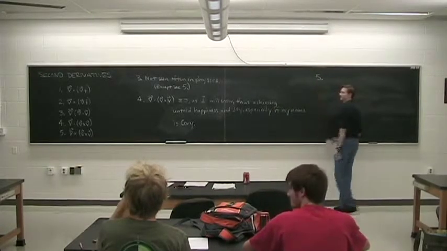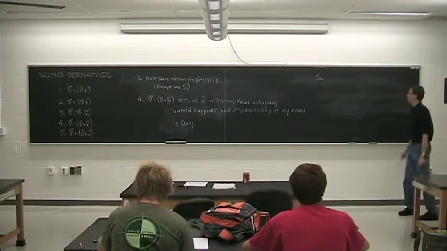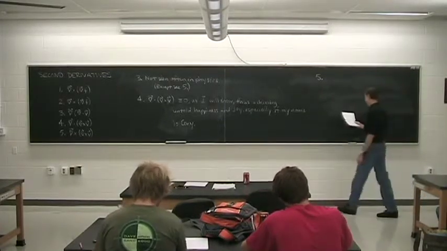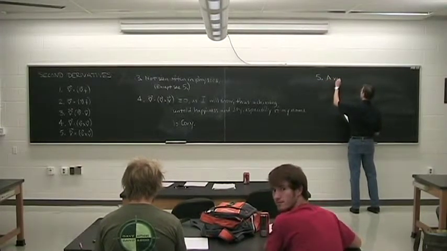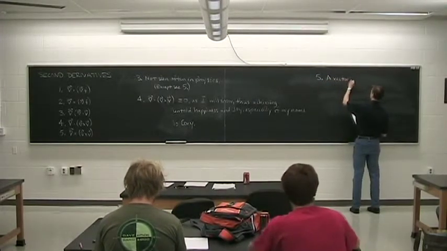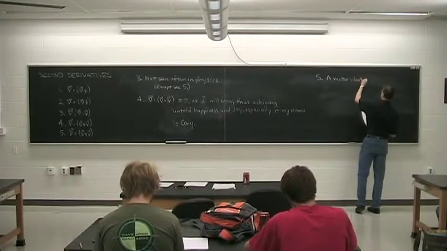All right. So, number 5. Number 5 is a fun one. A vector identity applies here.